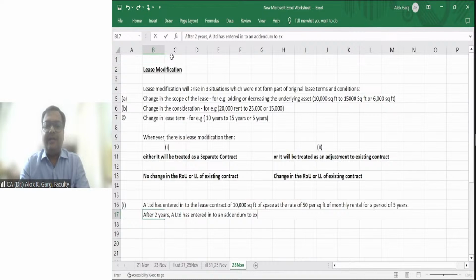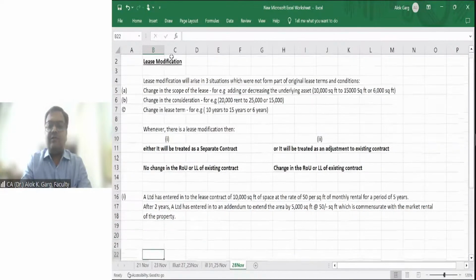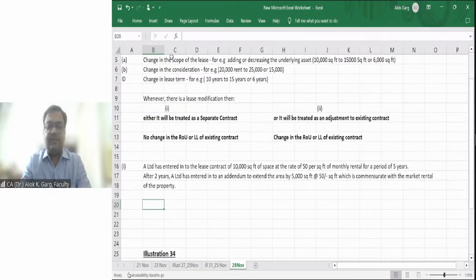A Limited has entered into an addendum to extend the area by 5,000 square feet at the rate of 50 rupees per square feet, which is commensurate with the market rental of the property, right?